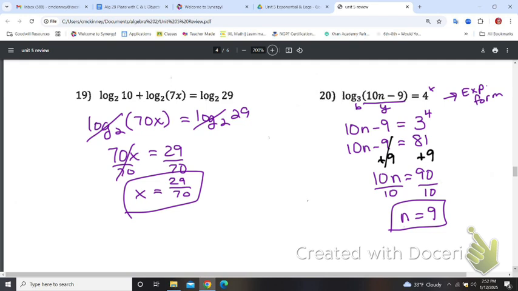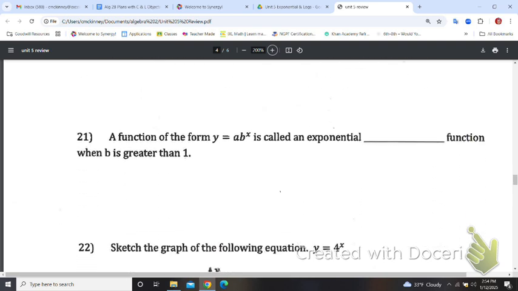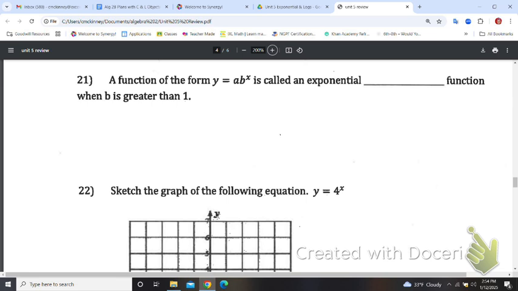All right, so those log equations, if you're watching this during January of 2025, are going to be in your second part of this quiz. So when we look at an exponential function, if the b, the base, is greater than 1, what is it called? It is called exponential growth.